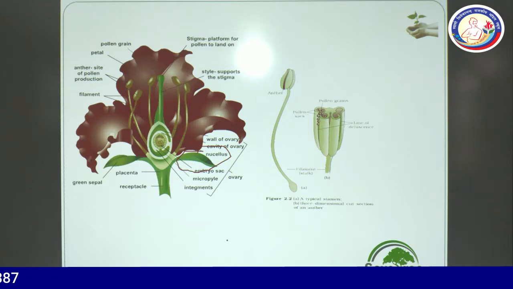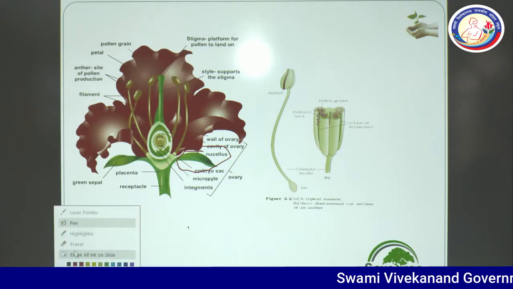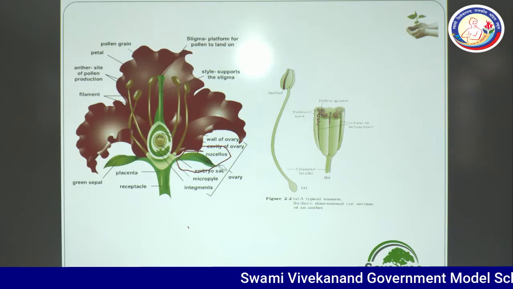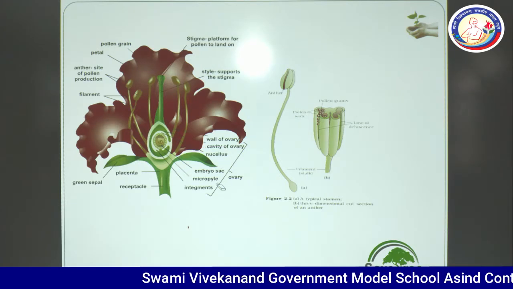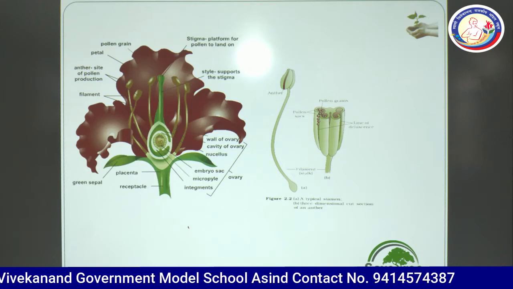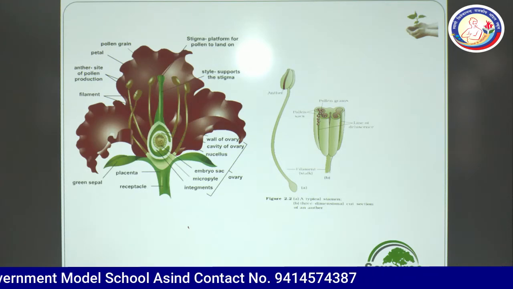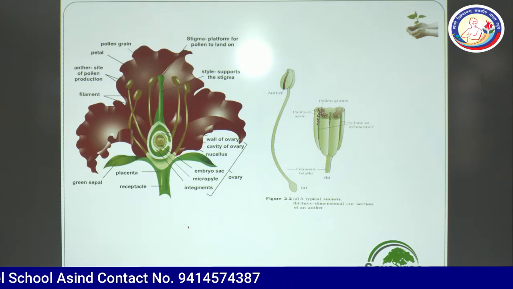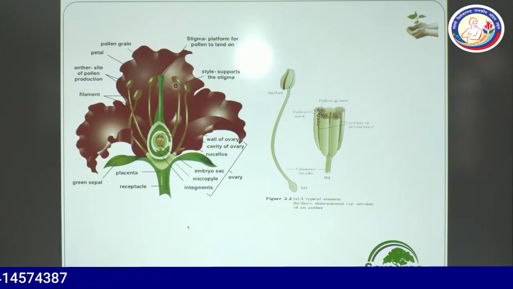Calyx protects the flower from different external factors, and these colorful structures, this one and this one, are the corolla of the flower.